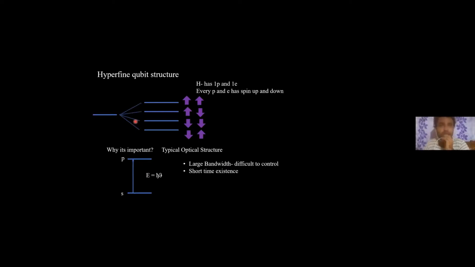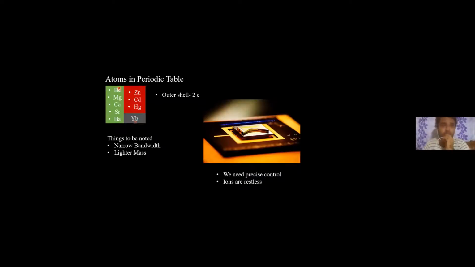Some atoms show this kind of property. Basically, those atoms have two outer shell electrons, and these are alkaline earth metals, and commonly people use ytterbium.